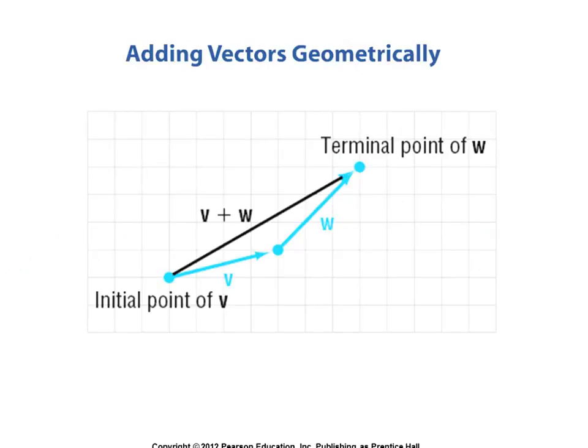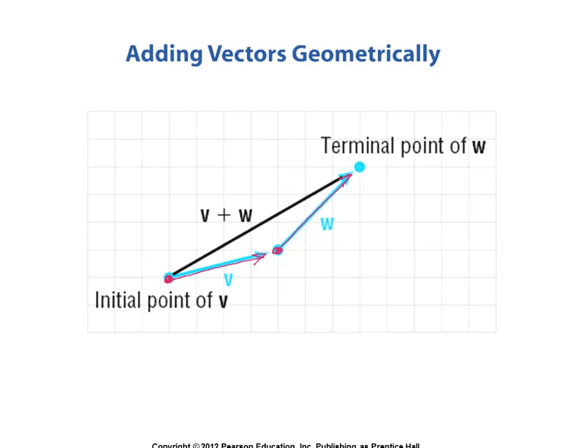Okay? So if we want to add two vectors, and here's vector V, and here's vector W, we do what's called the head to tail, or tail to head.